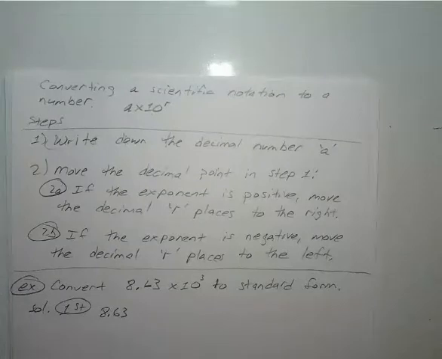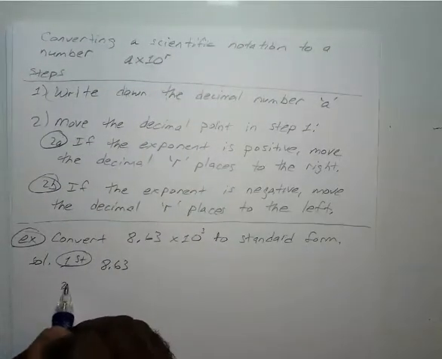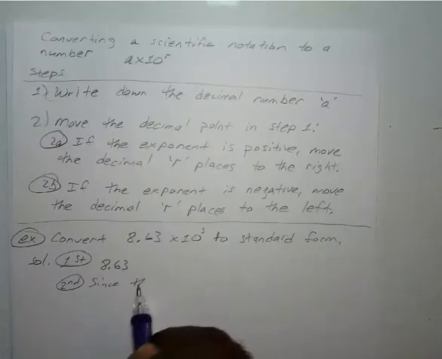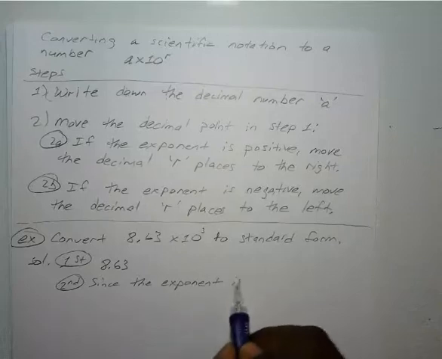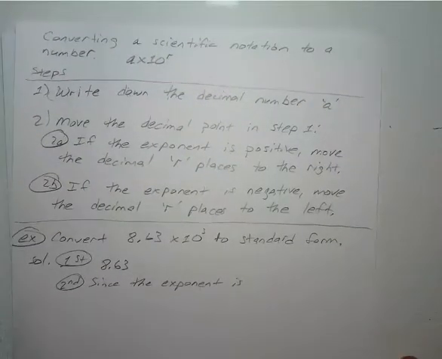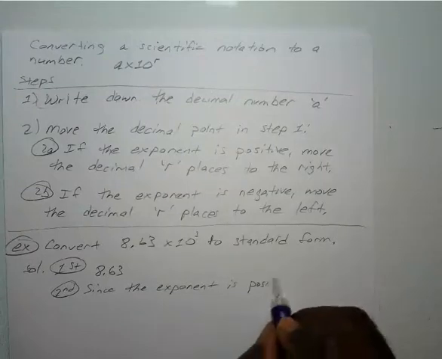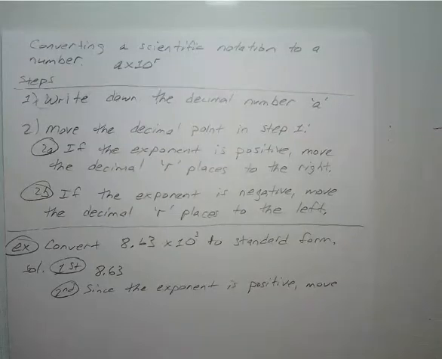Okay. Now, for your second step, you see here the exponent is positive. Since the exponent is positive, move the decimal 3 places to the right.